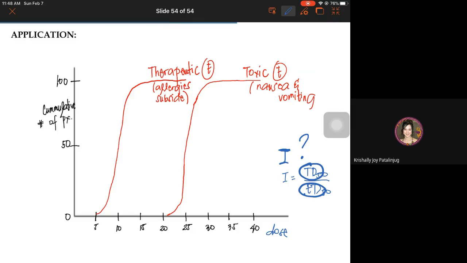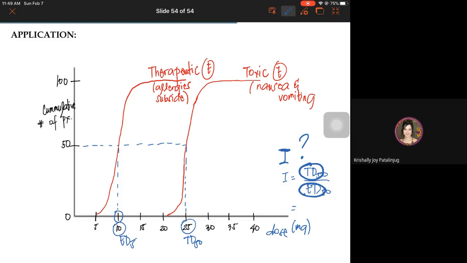So 50% of the given population, then you plot for its effective dose. So this would be the ED50, which is 10 milligrams, yung dose nila. Then for the toxic dose, you have 25. So divide n'yo lang 'yan. This would be the TD50 over ED50.